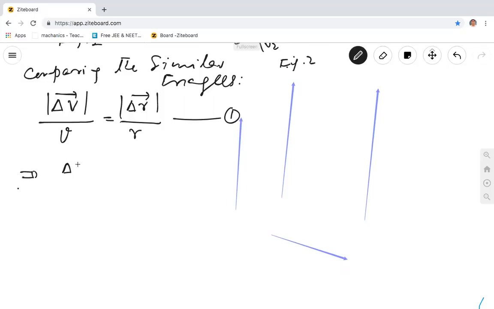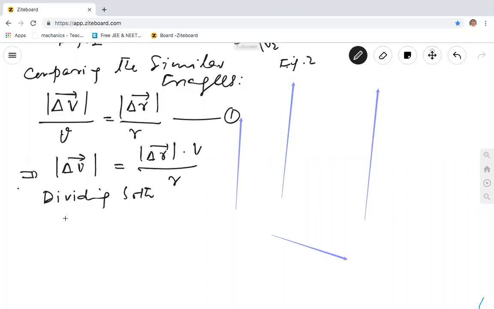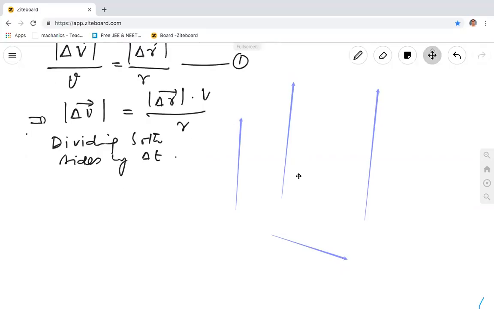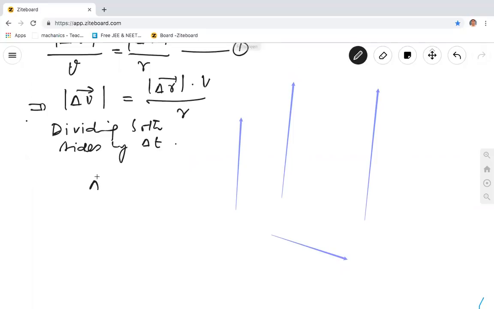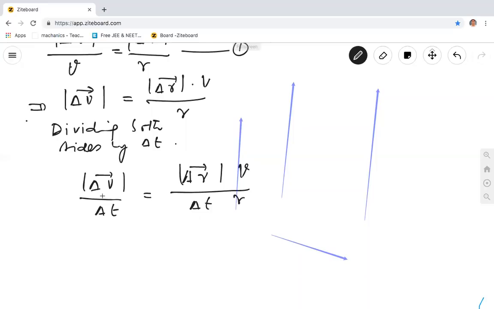Now delta v, change in velocity when a particle moves in a circle, is delta r into v by r. इस v को यहां कर दिया, ठीक, समझ आया? Dividing both sides by delta t. When we do that, delta v by delta t is equal to delta r vector v by delta t, और r अपनी जगह रहेगा.